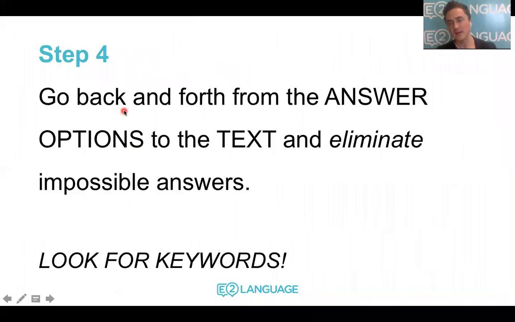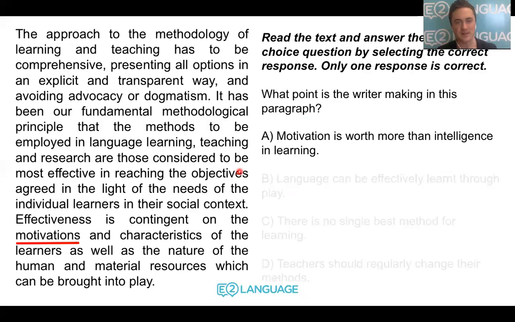Step 4, okay. Step 1, scan read the text. Step 2, slowly read the question prompt. Step 3, read those answer options and understand them. Step 4, go back and forth from the answer options to the text and eliminate impossible answers, looking for keywords. So let's start here.